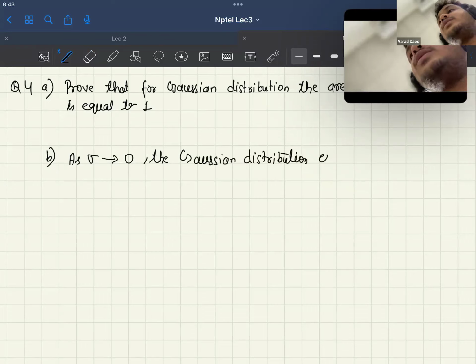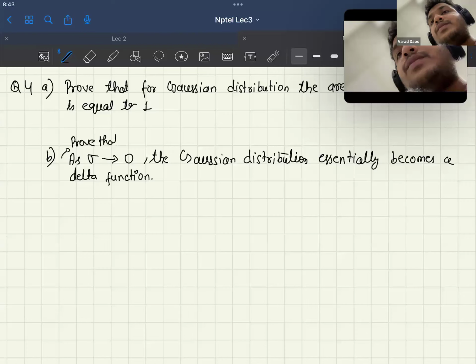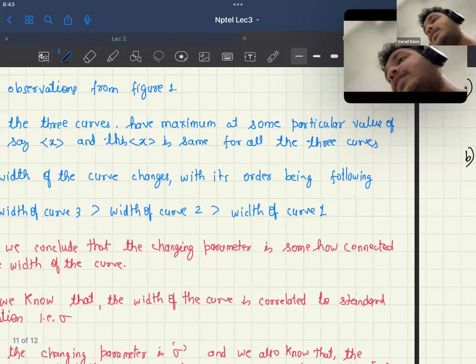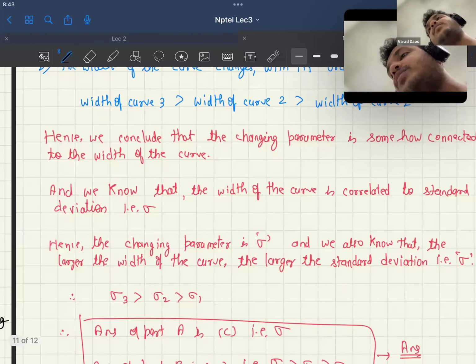Okay, here also we have to prove that. This is very clear from these plots, but how do you mathematically prove it?